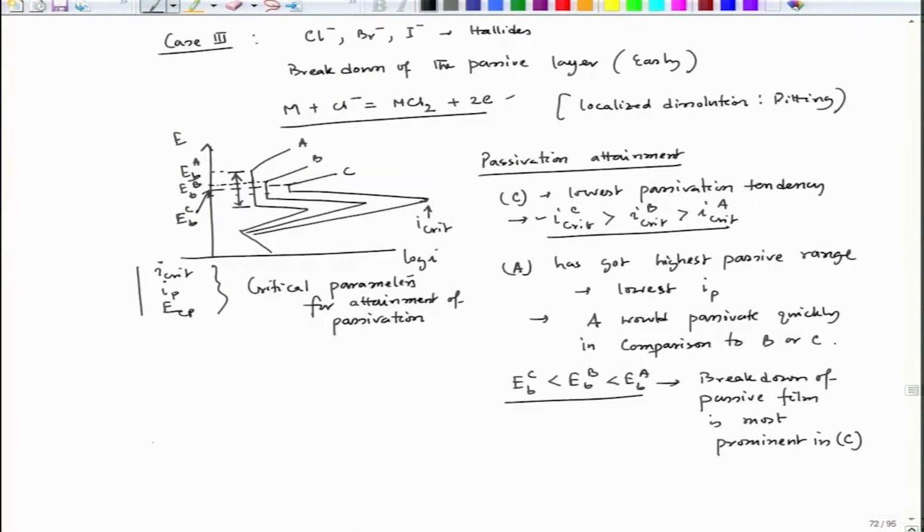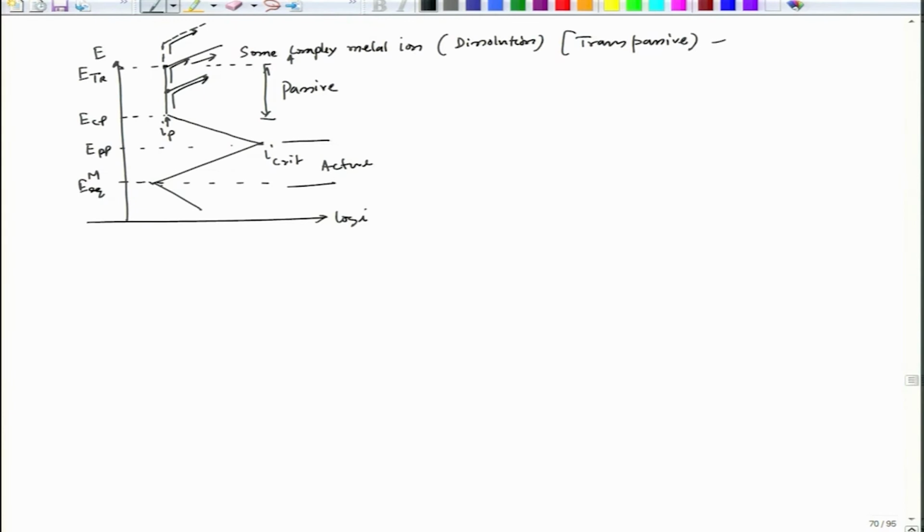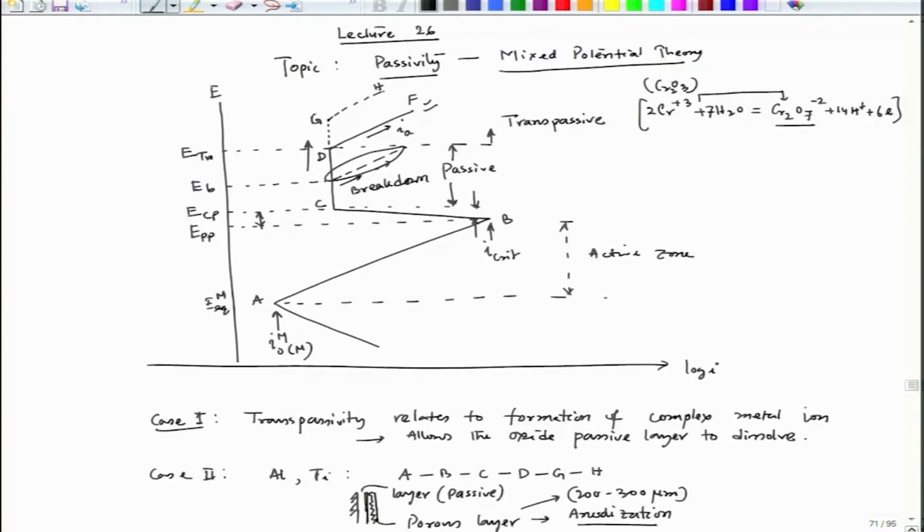So, we have to talk about ECP and EPP. This zone, this is a range of potential where I could experience a growth of metal oxide and complete coverage of the metal surface, and then finally we will achieve to that situation where rate of oxide growth is just exactly equal to the rate of dissolution.